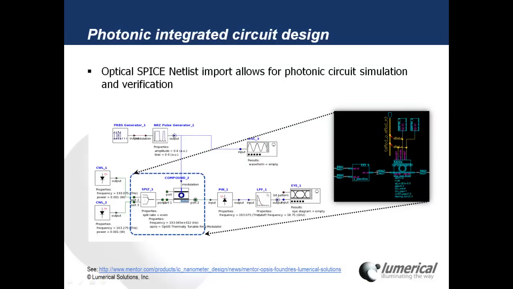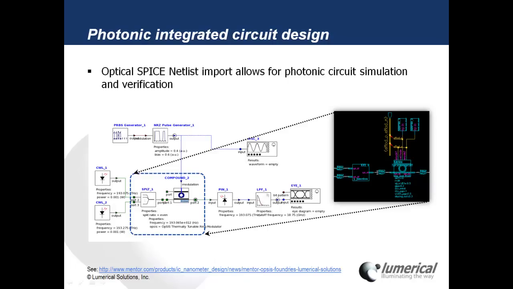And in addition to that, you can now use the optical SPICE netlist import to take the circuit or a portion of the circuit and import it directly into INTERCONNECT to be used as a test bench for circuit verification and simulation. The nice thing about this is that you're able to verify that the circuit that you've actually laid out and are going to be sending to the foundry to be manufactured functions the way that you intended.